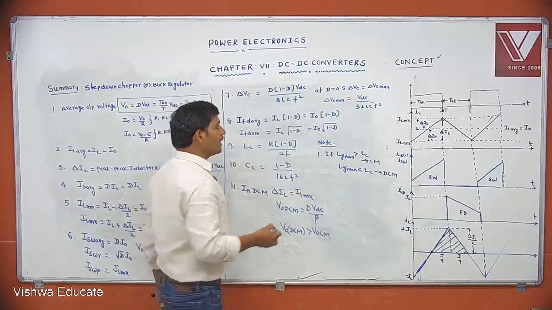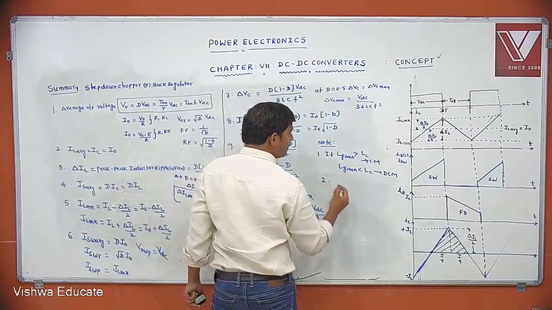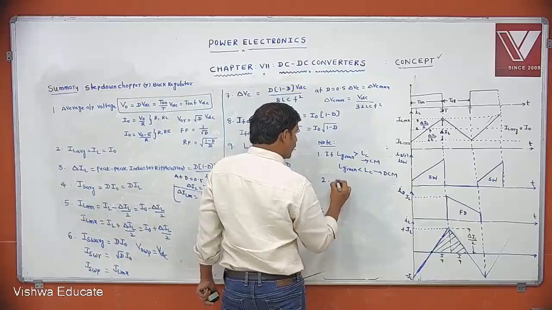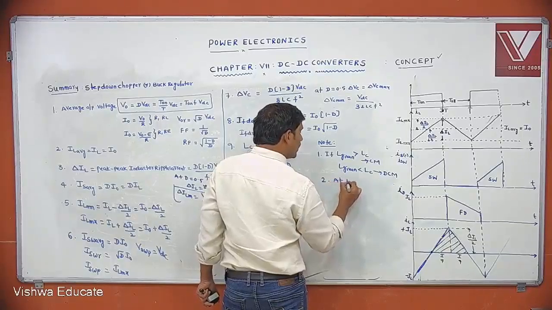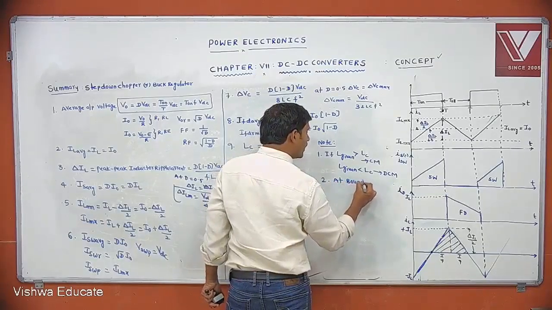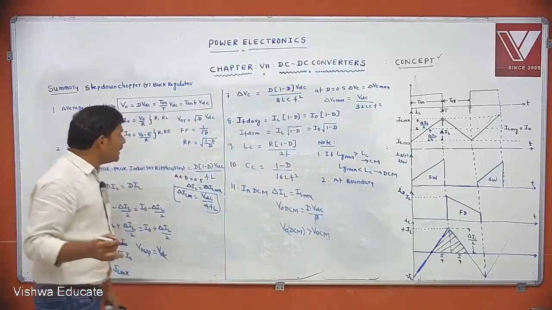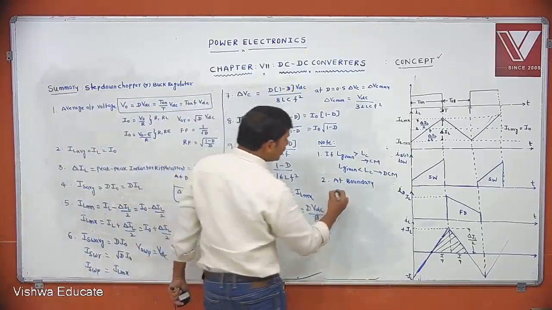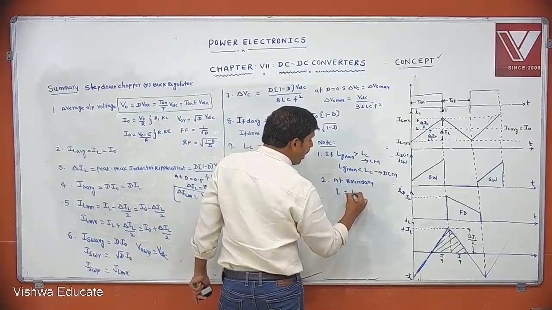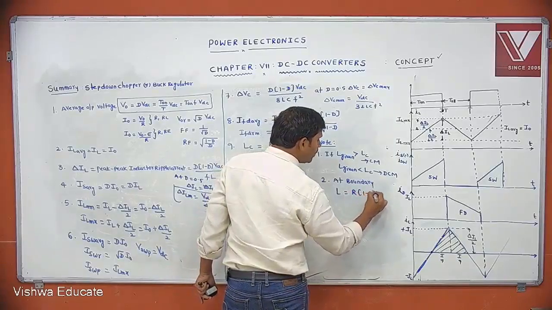Or otherwise, second one. You write at the boundary. What is the condition at the boundary? Critical inductance, L equals R into (1 minus D) by 2F.